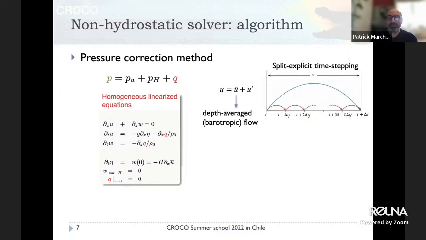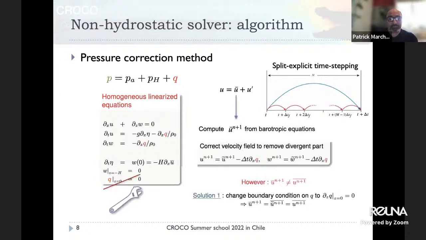We use a model that is split in time between the barotropic part and the baroclinic part. So the barotropic part is the depth average flow, and it is integrated with a faster time step, the delta TF on the scheme on the right. And that can pose a problem that I will describe quickly. Trust me for the details.